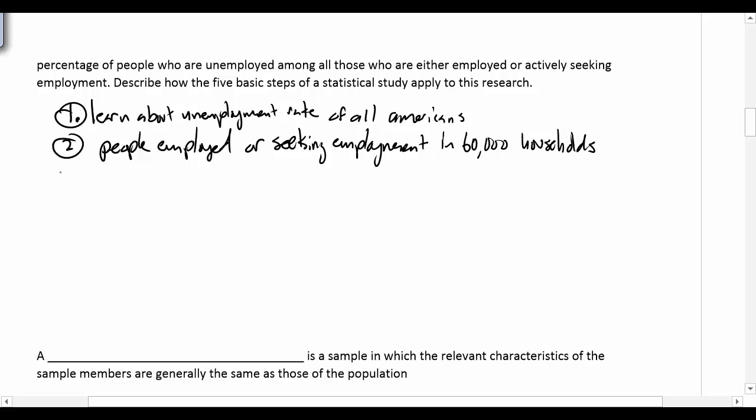Okay, number 3, the Labor Department is going to ask questions of people in the sample, and their responses will constitute raw data from the research. So they're just going to ask people, do you have a job? And someone's going to write down yeses or nos based on what they say.